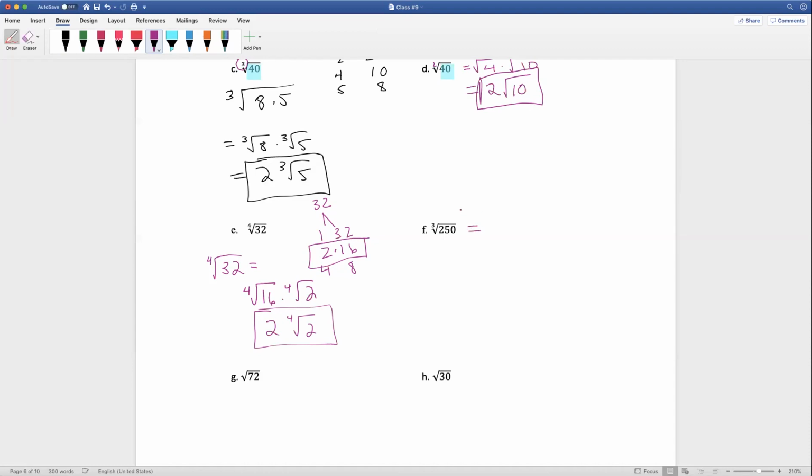Take a look at F. We have the cube root of 250. Let's simplify the cube root of 250 as much as we possibly can. Well, here we're looking for perfect cube factors of 250.